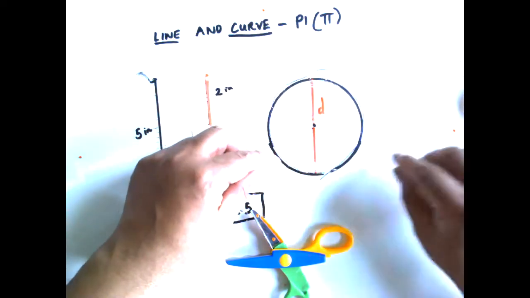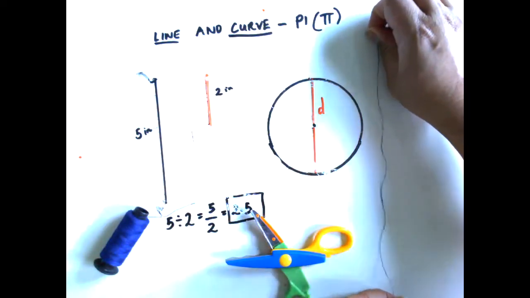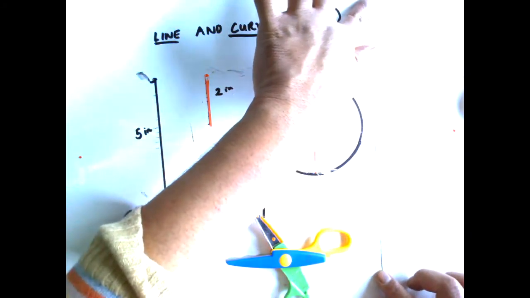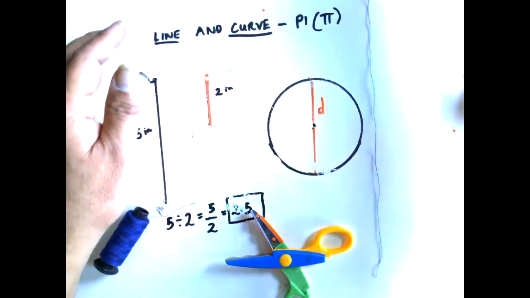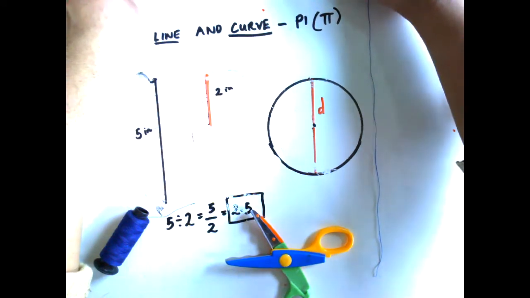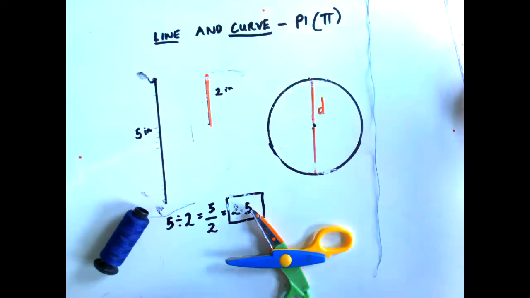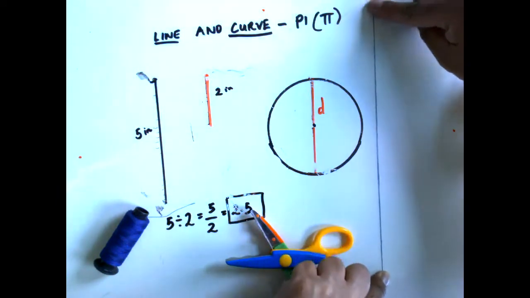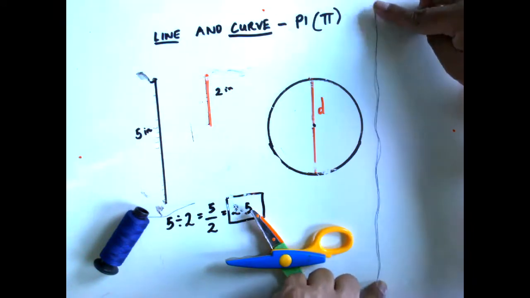So we do that and we make the thread into a straight line. I hope it fits the whole thing. There you go. It's not very clear because of the lighting system. Okay, with less light. So that is the curve.